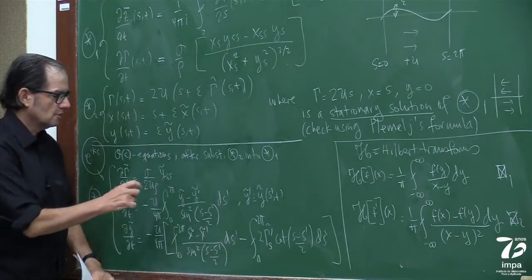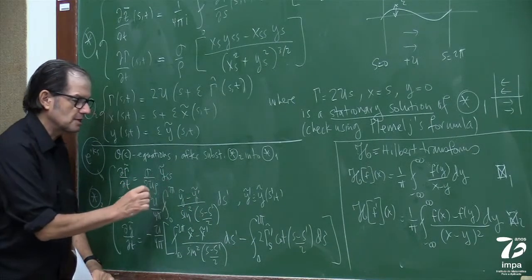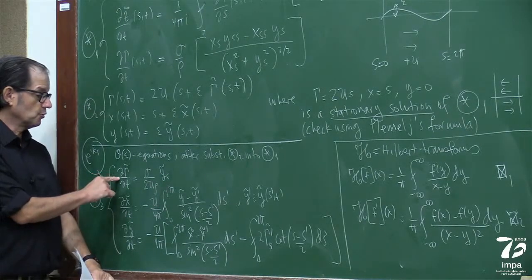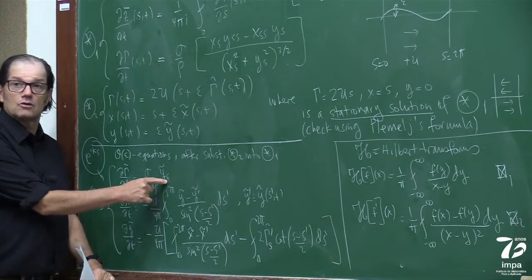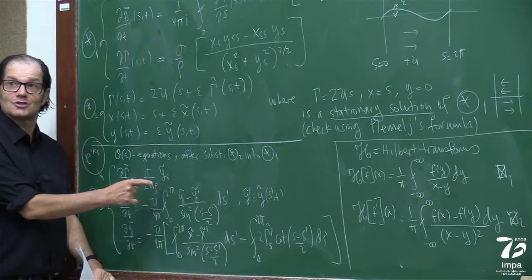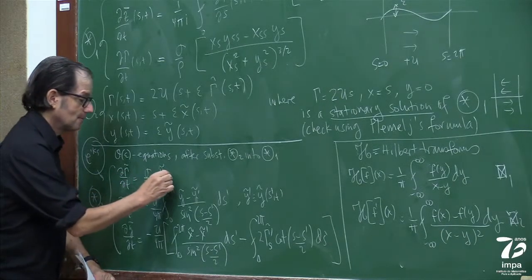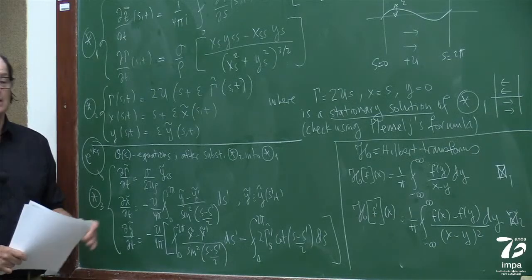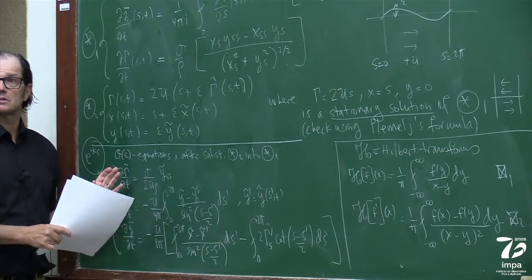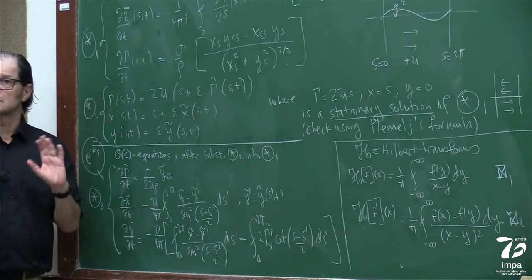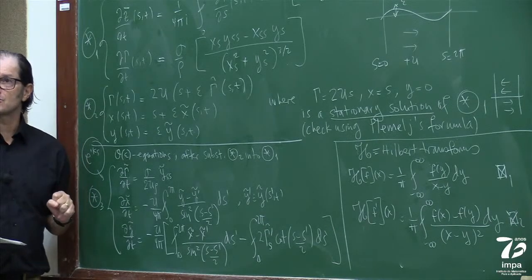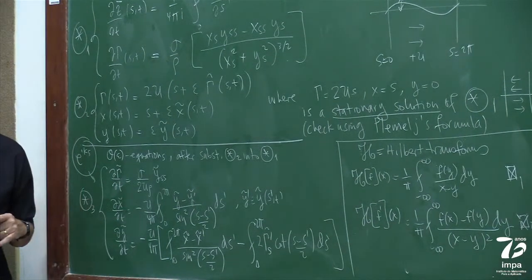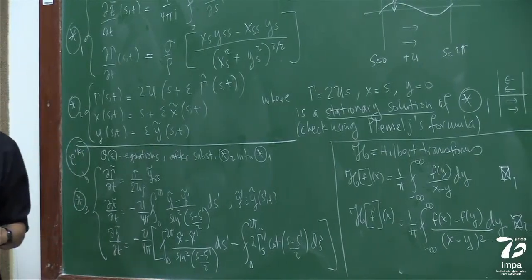If I had here not the curvature, but just the first derivative, I would put a cosine here, and here, sines and cosines would couple, right? Which means, mathematically speaking, that even parts of the function do not couple with the odd parts of the function, right? Because sine is the odd part, and cosine is the even part of the function.